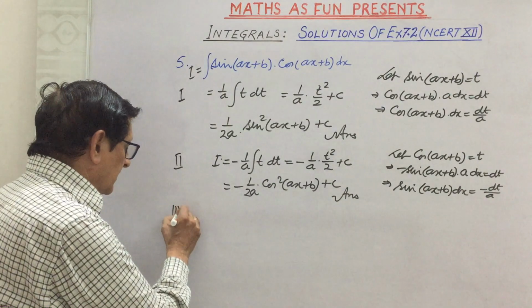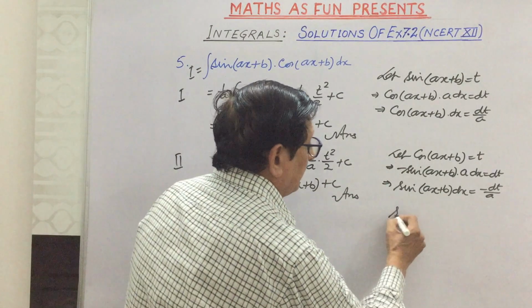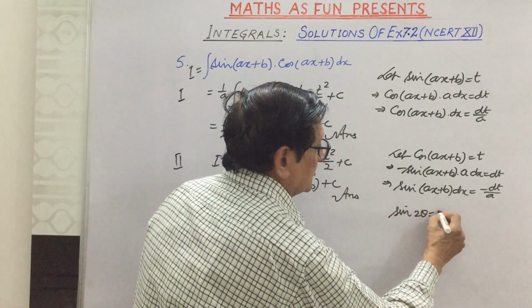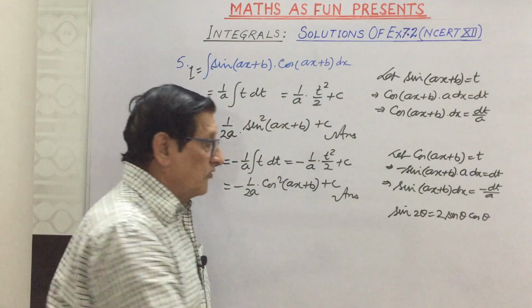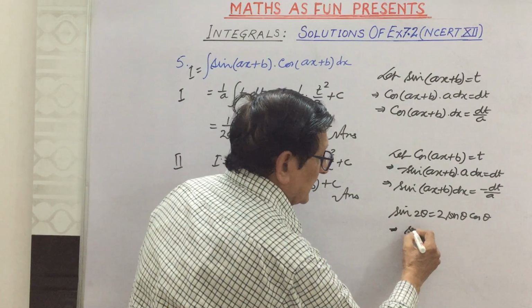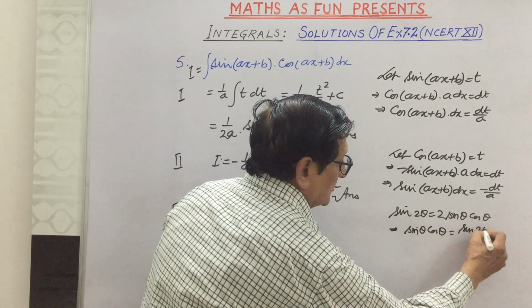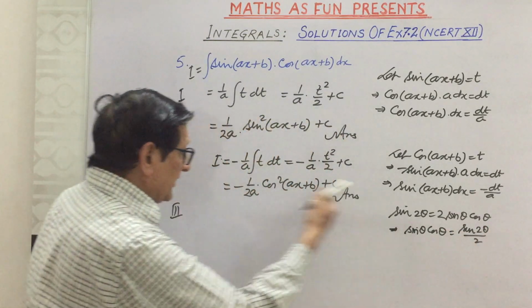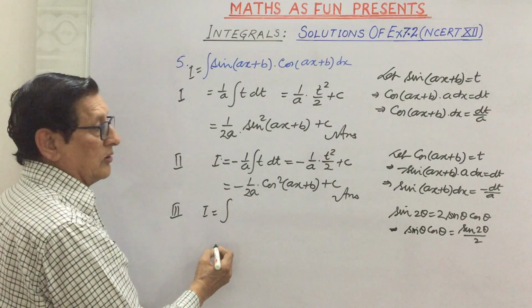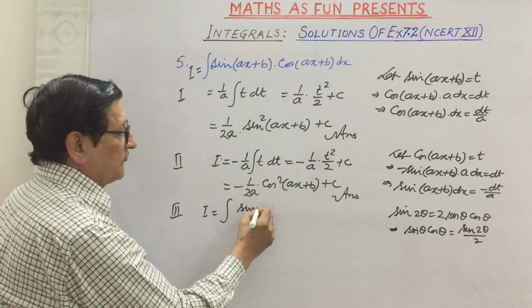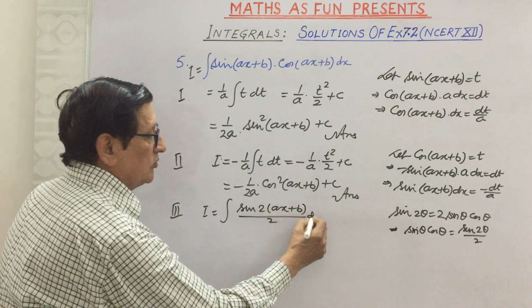The third method we can apply here, taking the formula sin 2 theta is 2 sin theta into cos theta, from which we get sin theta into cos theta is equal to sin 2 theta by 2. Applying this, we can write this I as integral of sin(2(ax + b)) upon 2.